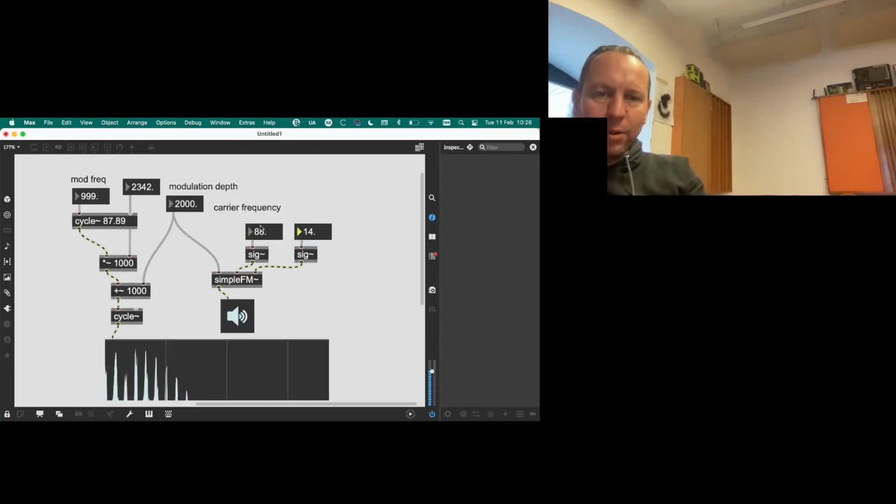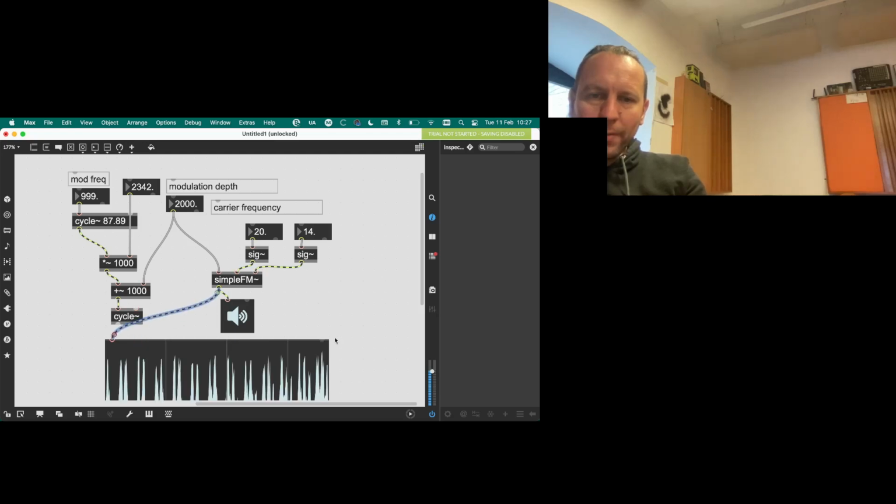Okay, so this is now the harmonicity. So if I take the harmonicity to 1, to 10, to 20, okay, I'm getting different timbres. And actually, let's watch the spectrum of that as well.